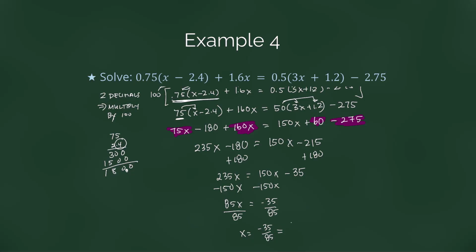If we divide everything by 5, we get negative 7/17, which is approximately 0.4118. We have to round that decimal. It's totally rational, but it comes out to be a very long, repeating decimal. So we can round it to 0.4118.